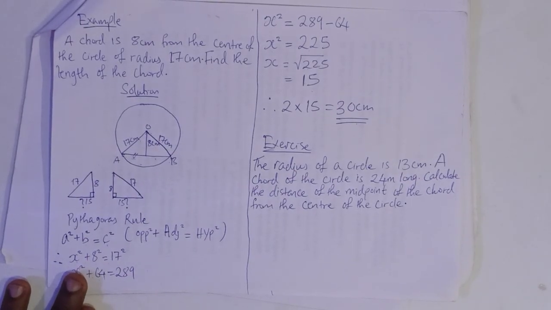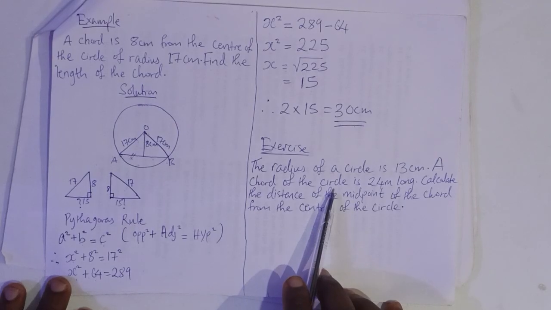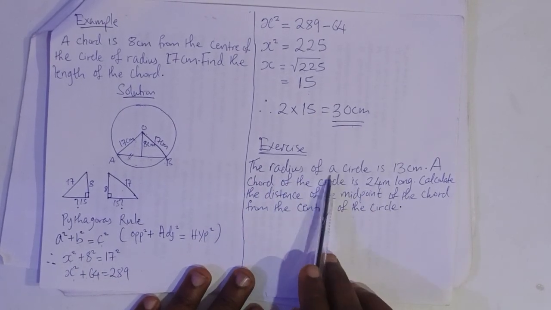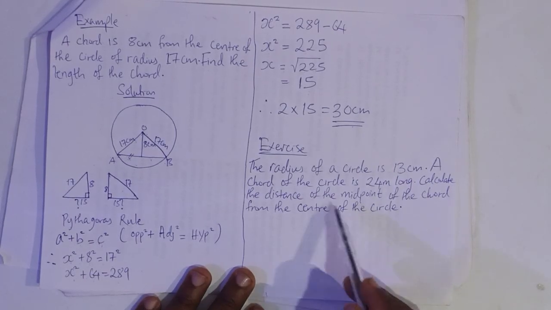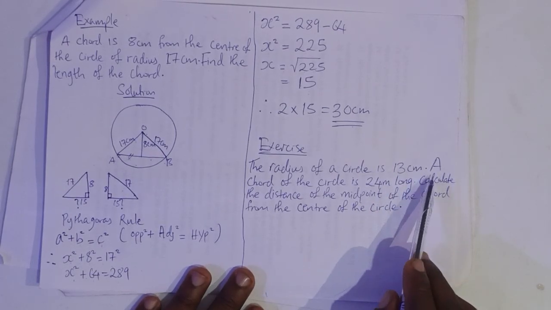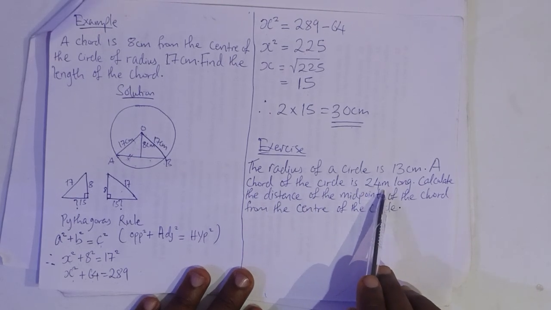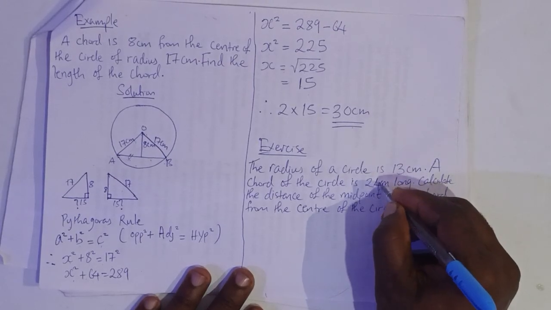Now, I want you to study this example, and then I want you to try this out. I'm going to give you a hint on how you could do this. It says the radius of a circle is 13 centimeters. First, you have to draw a circle. Now, a chord of the circle is 24 centimeters long.